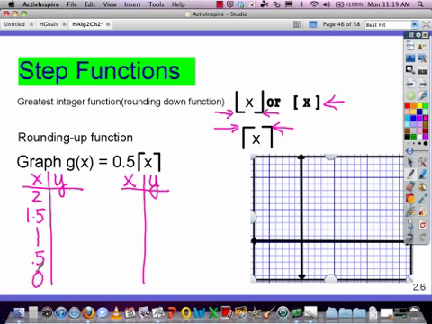And then we go to the negatives. Negative 0.5. Negative 1. Negative 1.5. And then negative 2. So we've got a whole series of points and decimals that fall in between them, so we can see what our values are.